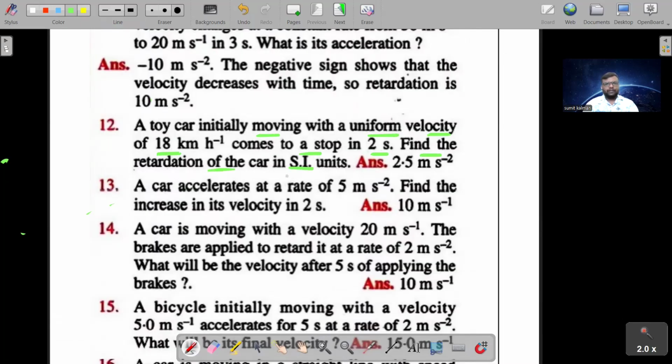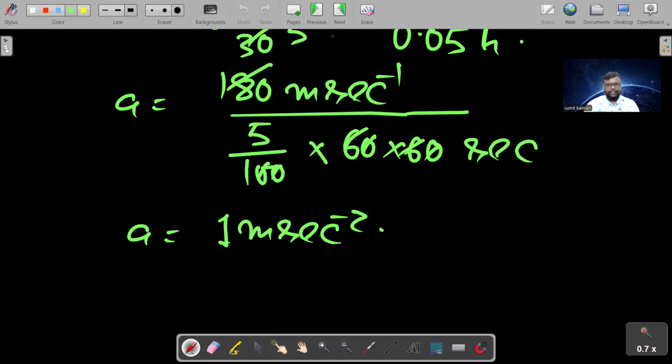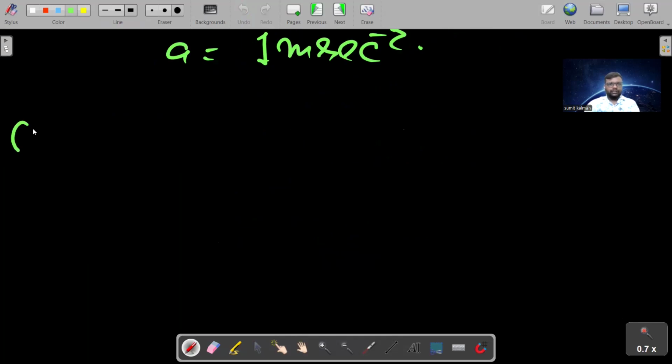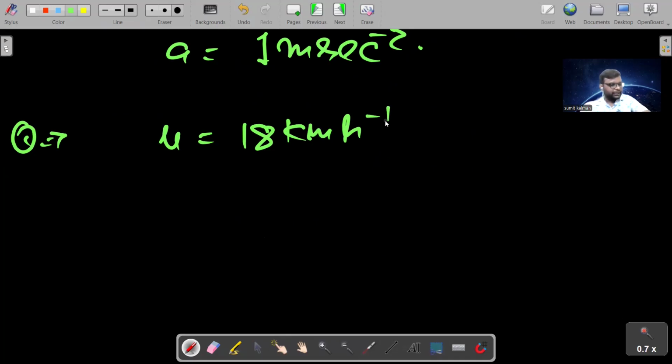So students, what is the initial velocity here? 18 km per hour. Is this clear? Initial velocity is 18 km per hour.